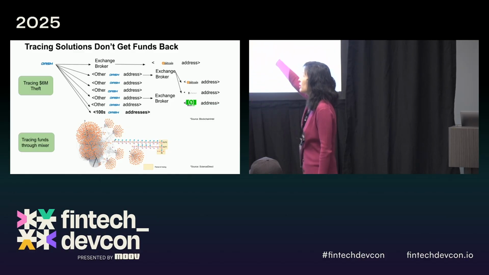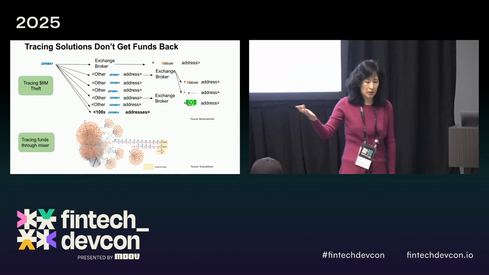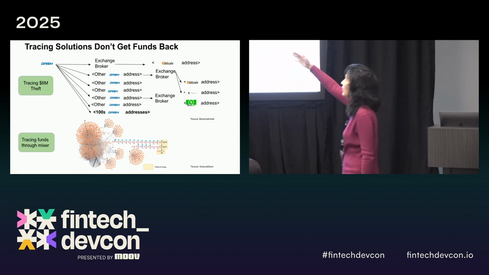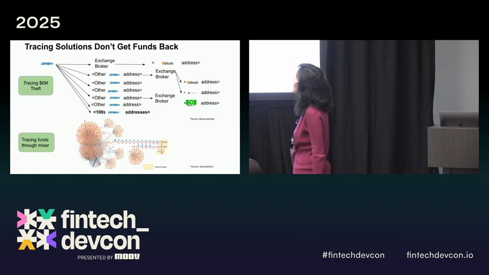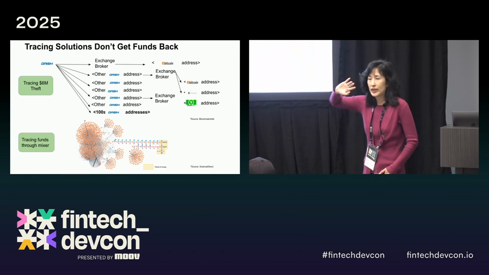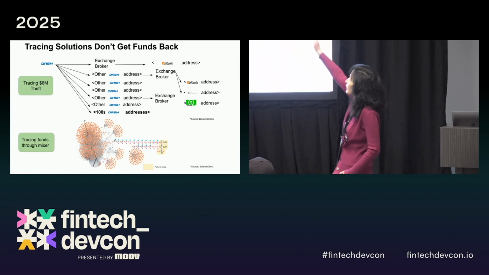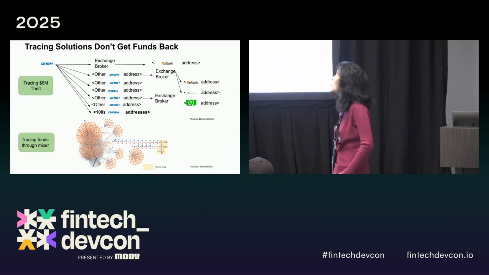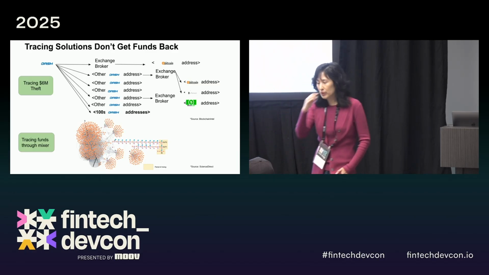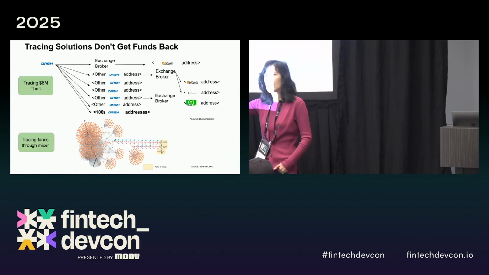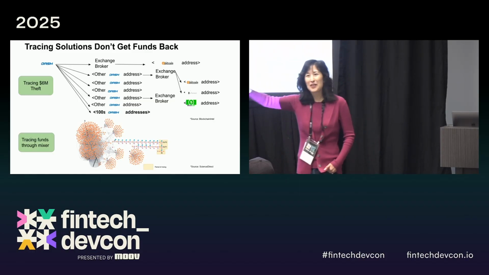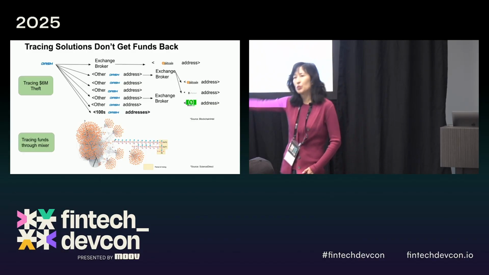So I'll give you an example. We were helping people who had gotten their Dash stolen. Dash is one type of crypto. It was converted into different coins, so Bitcoin, Ether, and Bitcoin Cash. And it was sent to different exchange brokers, and we were able to trace it ultimately to an exchange, and then subpoenaed the exchange, and then got to the bank where the funds from the exchange were deposited.